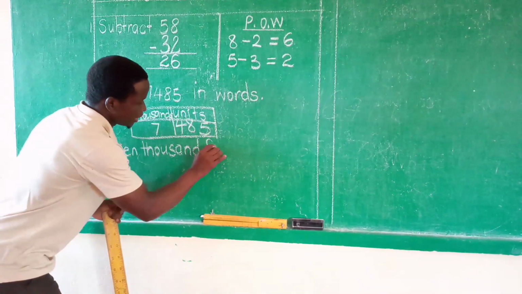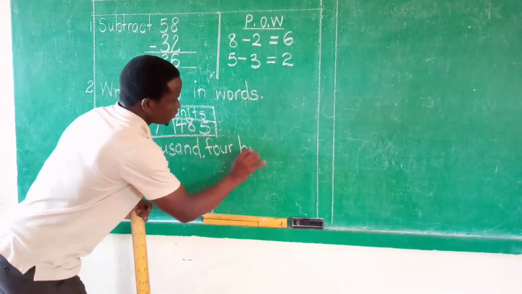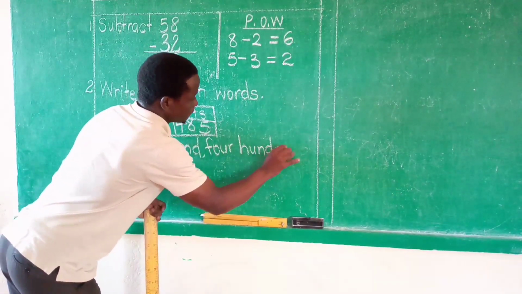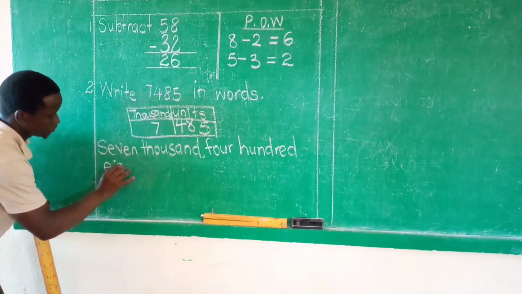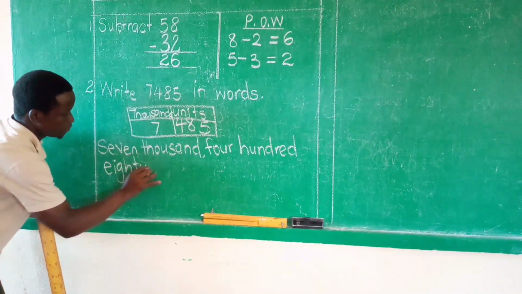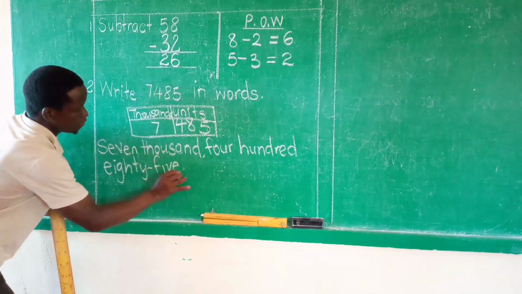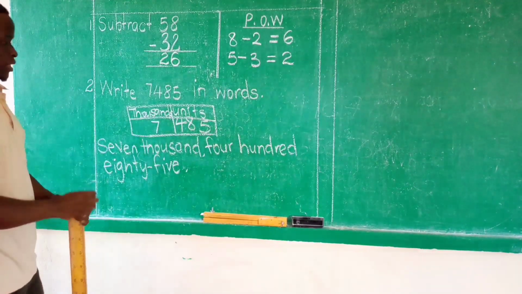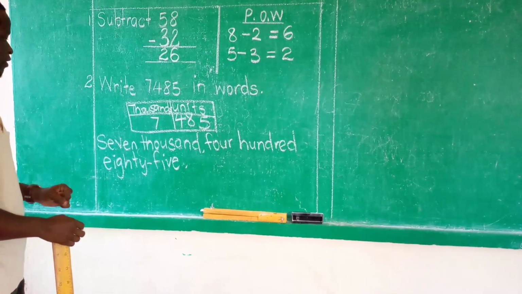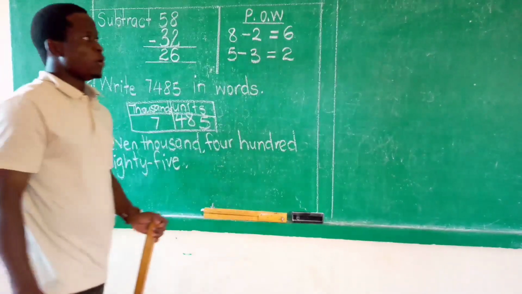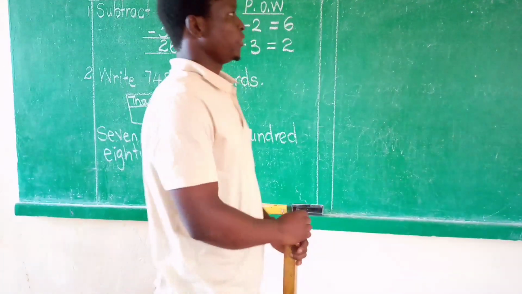So we write 485. Yes. So our number is 7,485. We move to question number 3.